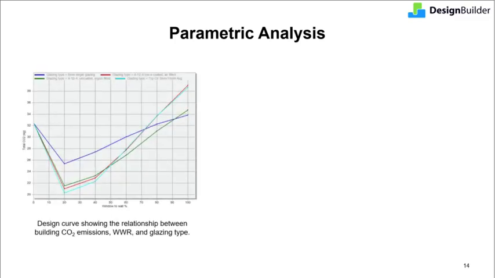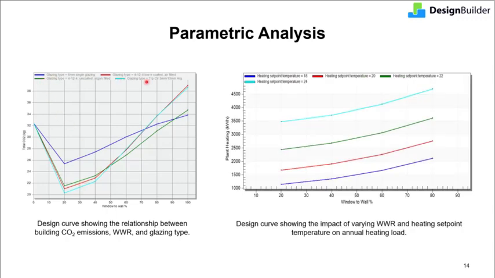In this parametric example, the graphs plot variation in carbon emissions and compare it with the various window to wall ratios for each line representing the different glazing types. In the next example, we can see the impact of changing window to wall ratio and the heating set points on the building's annual heating load. Using these design curves, you can select an optimum configuration for the building design.